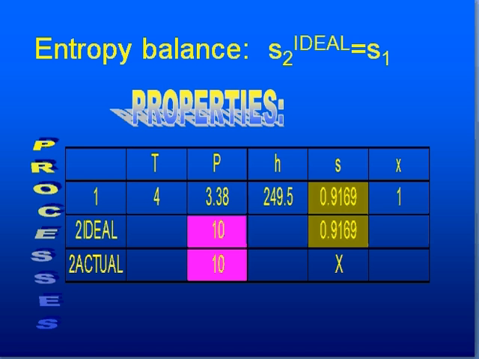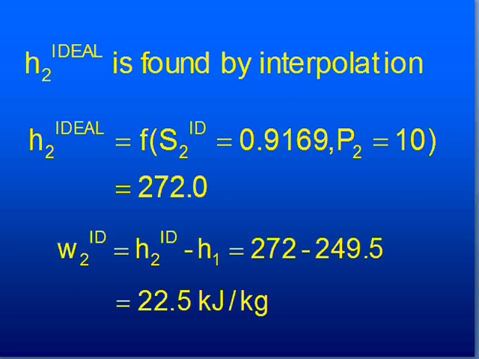Depending on the book that you use, what tables you pick up, you should get fairly similar numbers. And the entropy in is the entropy out. H2 ideal we find is a function of the entropy out ideal and the outlet pressure. By interpolation, we get H2 ideal is 272.